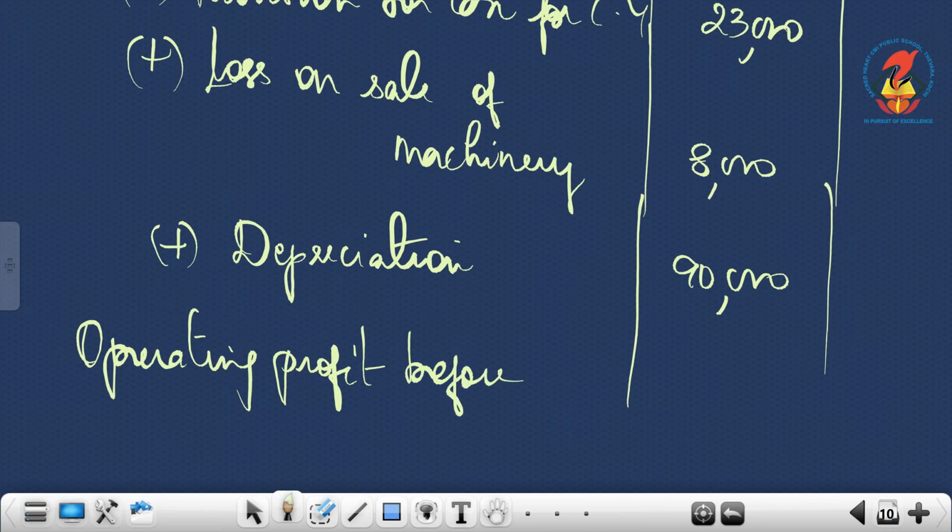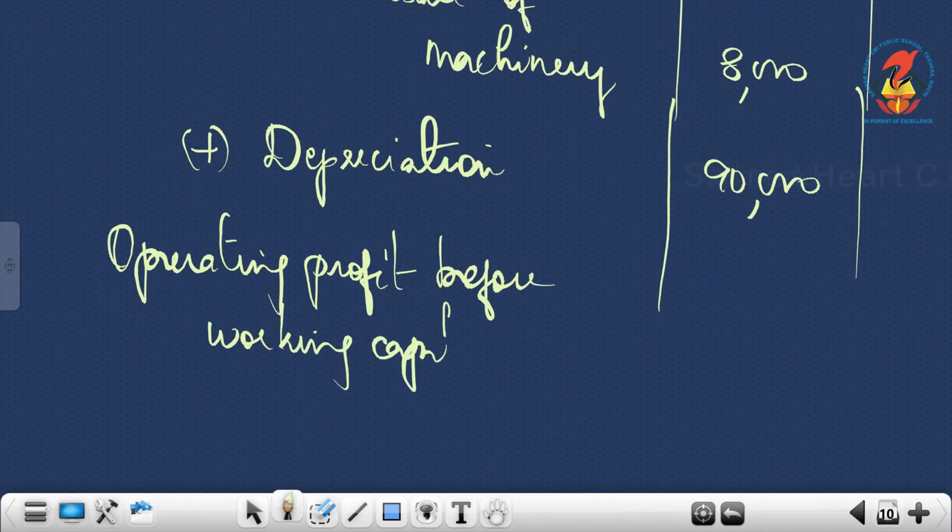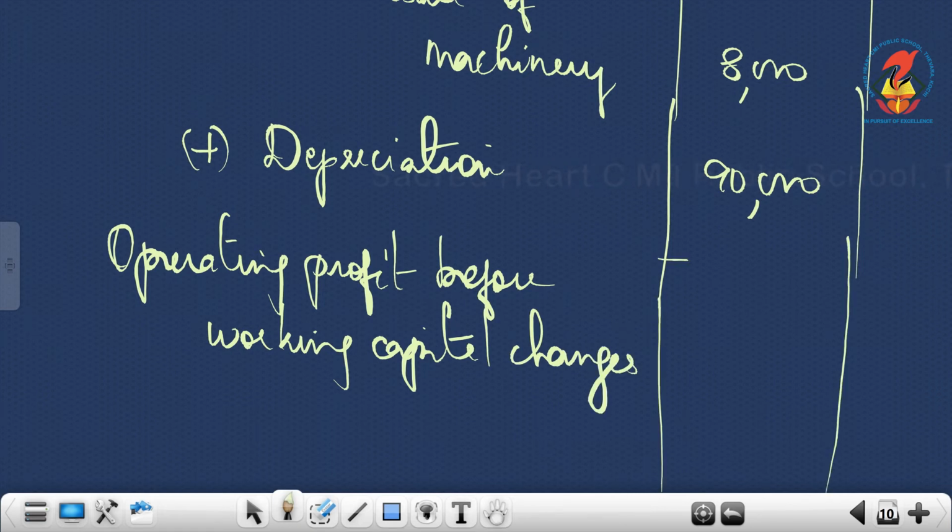before working capital changes. Okay, it's operating profit before working capital changes. It is 2,61,000.